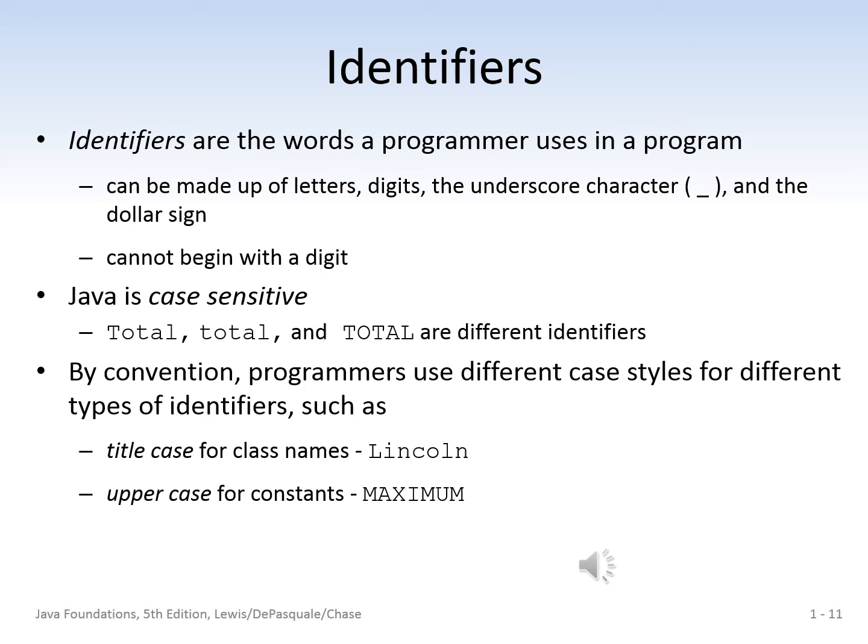And Java is case sensitive, and by convention, programmers, and us being students and teacher, will use different case styles for different types of identifiers. So we will use title case for class names, and we'll use uppercase for constants.